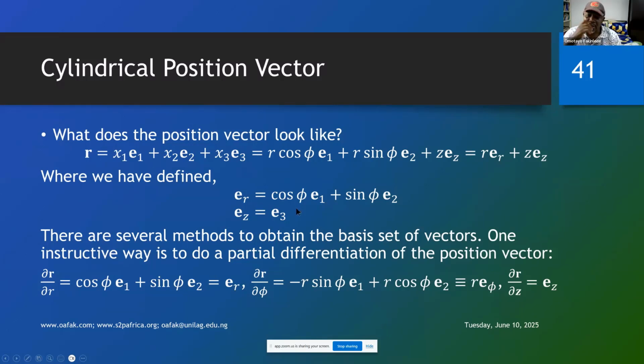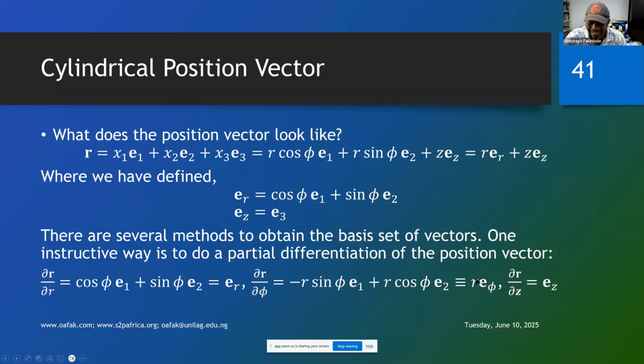What if we differentiate it with respect to phi? Phi is not occurring explicitly here, but it is occurring explicitly if we write the e_R out explicitly. If we differentiate with respect to phi, R will survive, and e_R gives minus sin phi e1, plus cos phi e2.